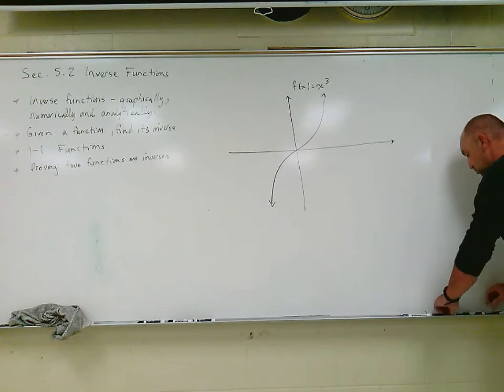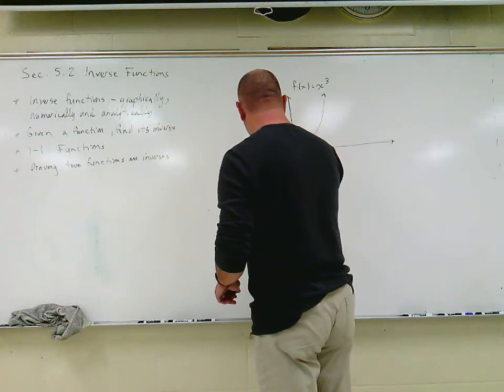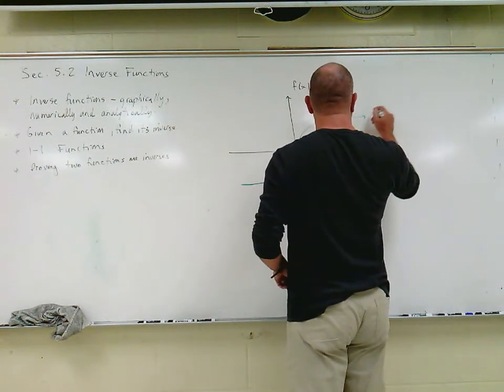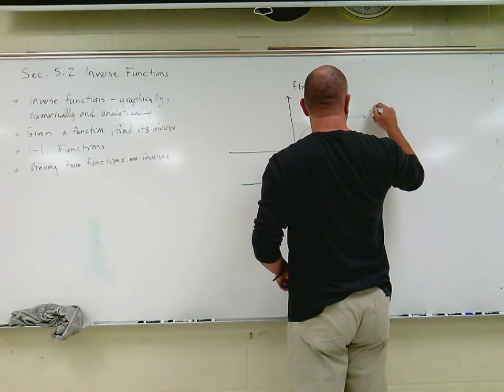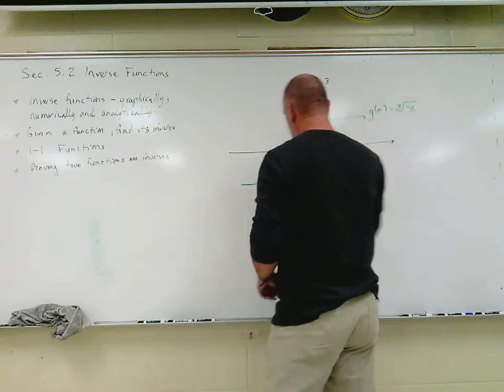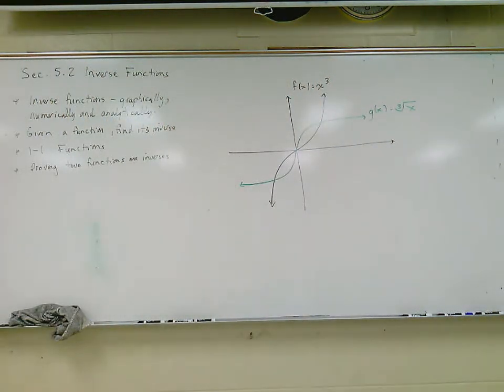The inverse of x cubed, its graph looks like this. And this, we'll call it g of x for now. And this is the graph of cube root of x, okay? So those two graphs are inverses.